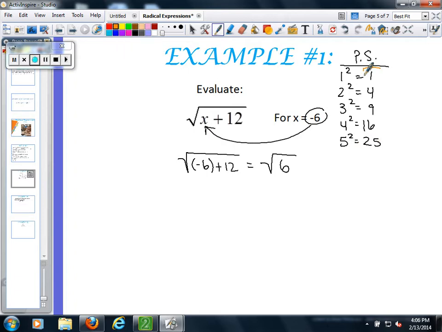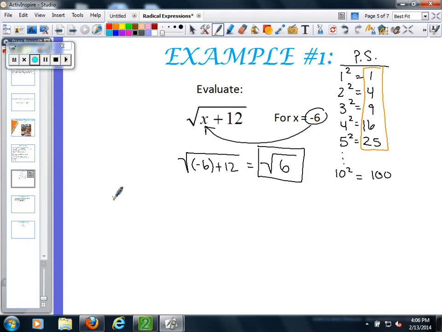These here are your first 5 perfect squares. This is how you get them, and I would just keep going all the way out. 10 squared is 100, and there are some in between, and a lot of them after. So I need to see if any of these numbers go into 6, and the only one that does is 1, so it doesn't change anything. Our answer is going to be the square root of 6.